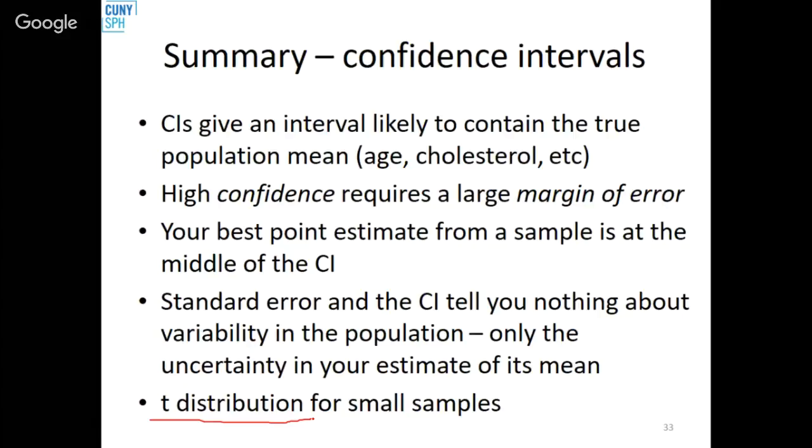Another way you can think of it is that the uncertainty in your estimate of the standard deviation, when you estimate it from the sample, increases the variability of that t statistic.